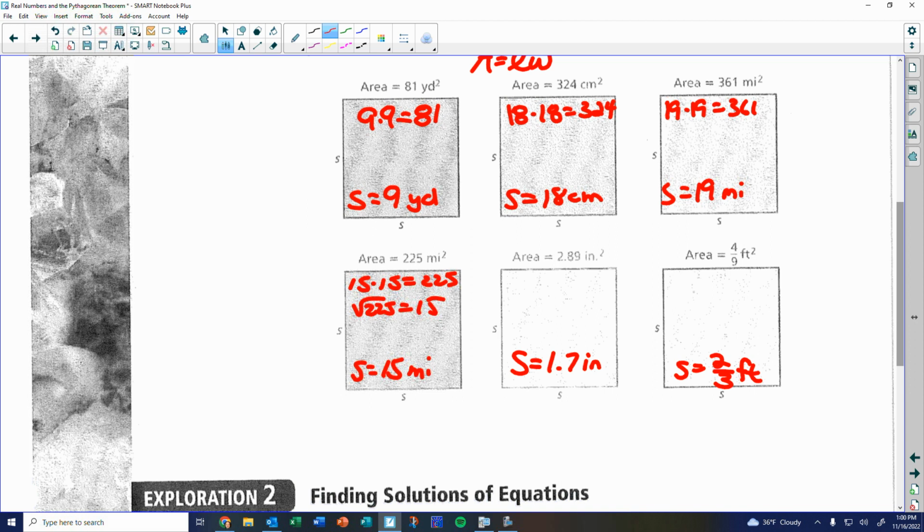Because if you take 2/3 and multiply it by 2/3, when you multiply fractions, you multiply across, and you multiply both numerator and denominator. Where like when you added fractions, you only add the numerators, right? Denominators stay the same. But multiplying, it changes. So this just becomes 2 times 2 is 4. 3 times 3 is 9. Okay? All right, good.